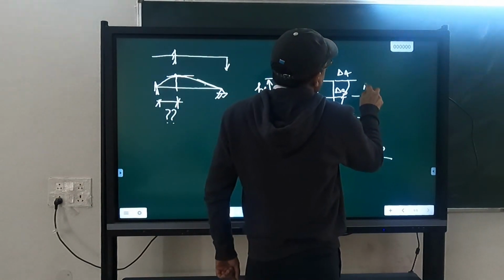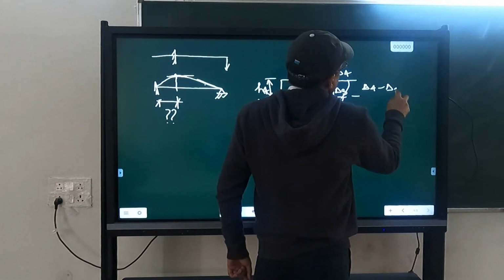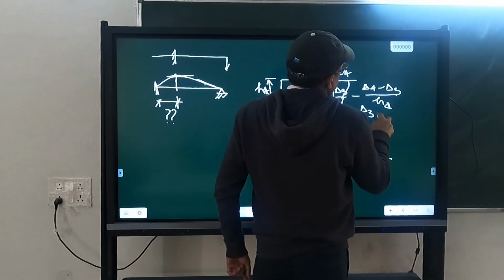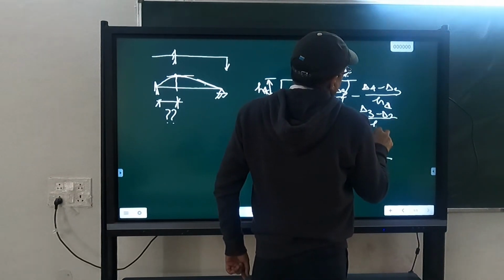So here you can calculate delta 4 minus delta 3 divided by h4. Here you can calculate delta 3 minus delta 2 divided by h3.